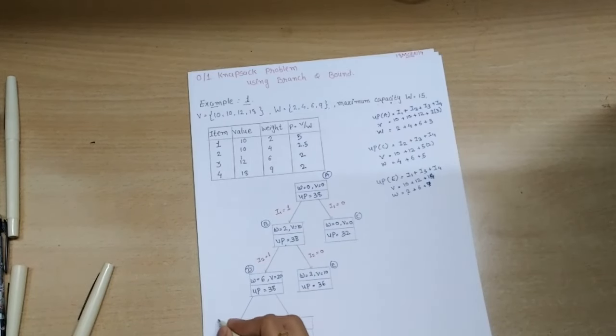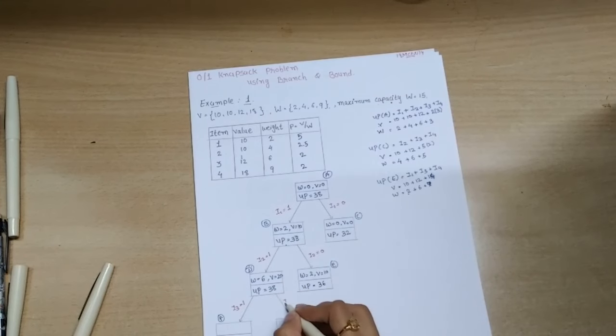Let's name them F and G. Now here we are considering item 3, and here we are not considering item 3.